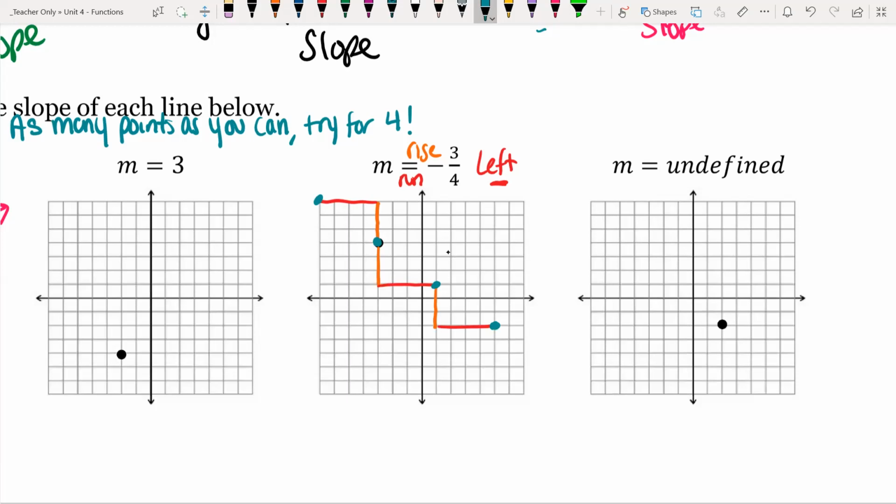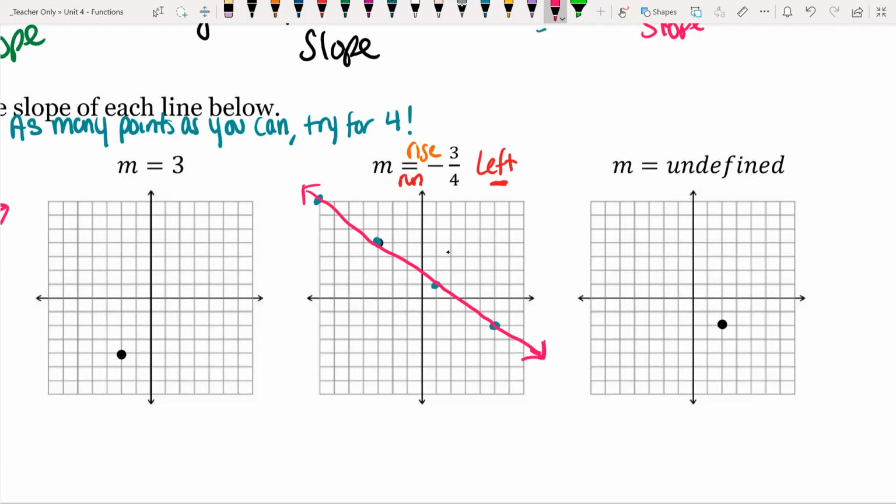And now I can't go anymore, right? Because I could go down 3, but I can't go right 4. So now this is our line. So now we connect those dots. And we can see that it's going to the left, which is good.